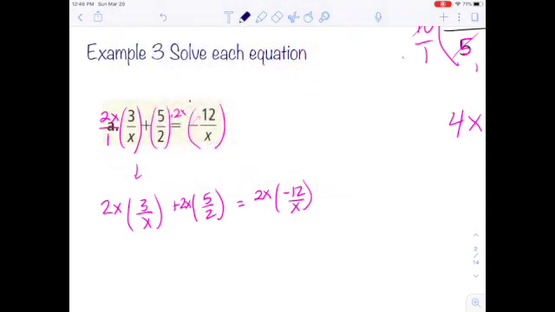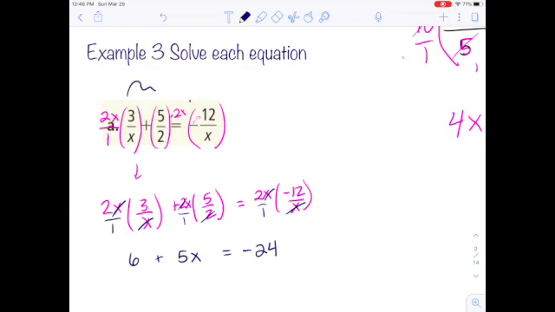So I really just multiplied through that common multiple of 2x. And now I simplify. So put it over 1, over 1, over 1, keep your fractions lined up, and you'll see the x cancels with this x, and you're left with just 2 times 3, which is 6. The 2's cancel out here, and you have plus 5 times x is equal to the x and the x here cancel, and you're left with -24.